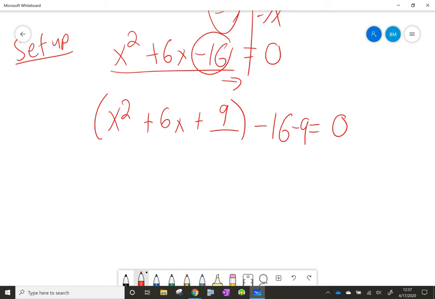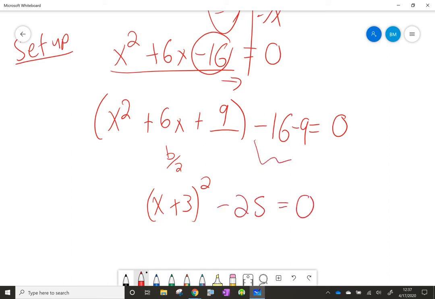So when I complete the factoring, half of 6, remember, was 3. So it's going to be x plus 3 squared. And then the minus 16 minus 9 combines to make a minus 25. And again, it still equals 0. All right, so now we've gotten this far.